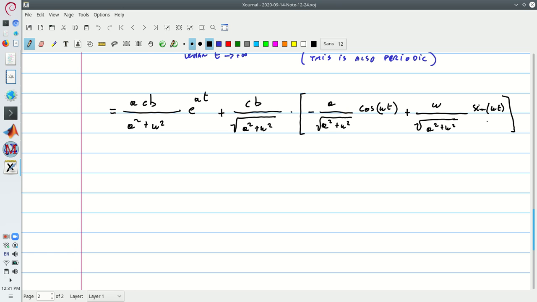So let's see what's happening here. We have a quantity here that is minus a divided by the square root, and another quantity here that is omega divided by the same square root.